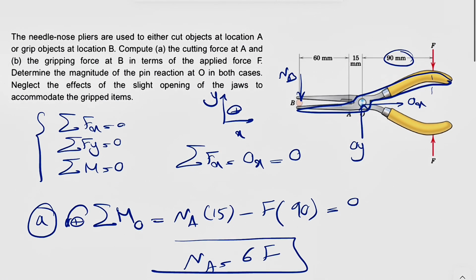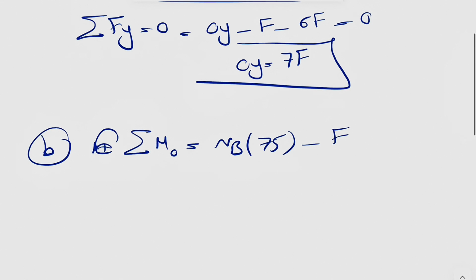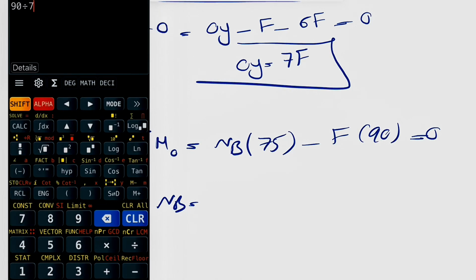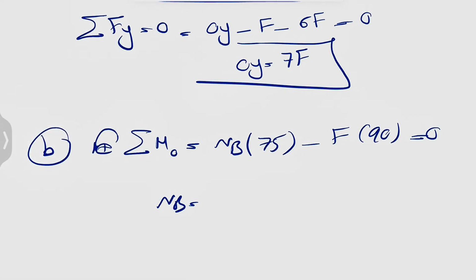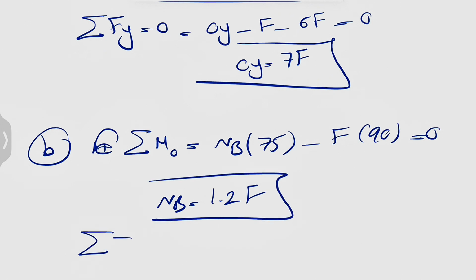And we're going to have the moment of F. Again, this one's clockwise, negative, but with the same distance that we had in the previous part, 90, equals 0. So our NB would be 90 divided by 75, which is going to be 1.2F.